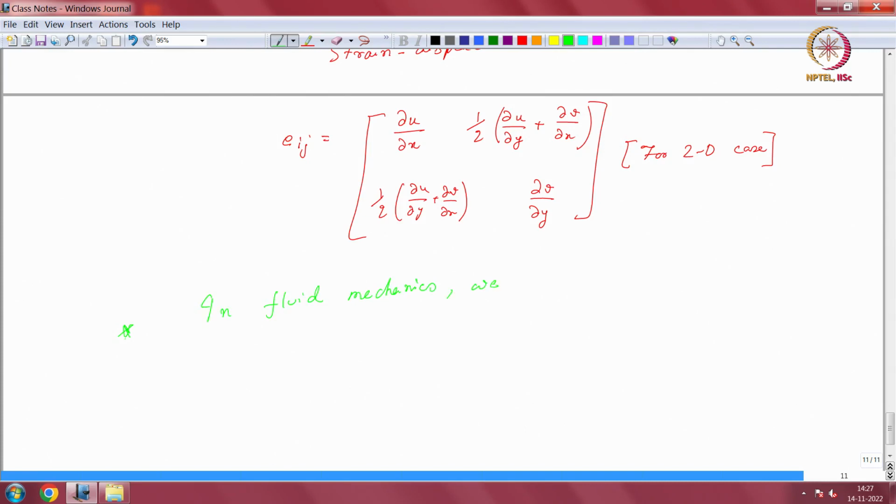So I just want to note that in fluid mechanics we use u, v, w to denote velocities in the 3 directions, whereas in solid mechanics, in the above, they are used to denote displacements.